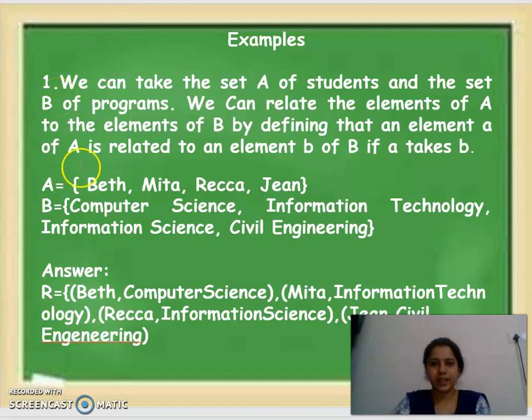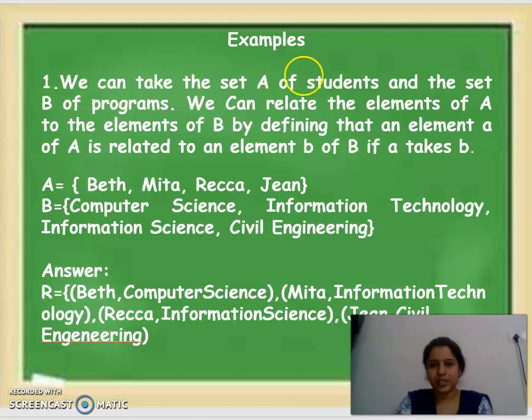In this example, we have two sets A and B. A contains Beth, Nita, Rika and Jan, and B contains computer science, information technology, information science and civil engineering. So what is the relation between the two sets here? It is takes.